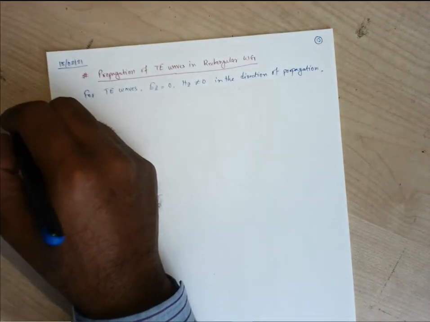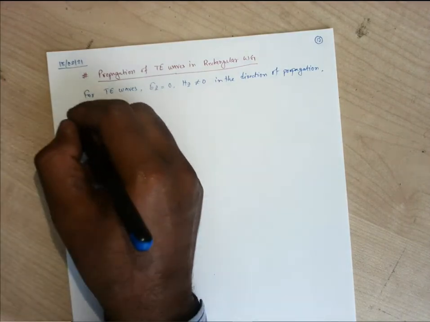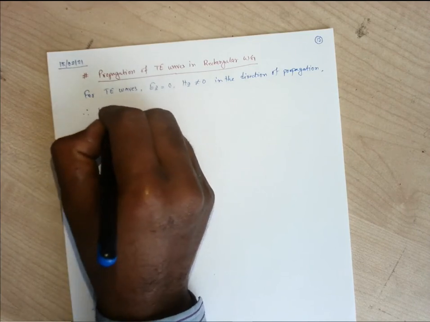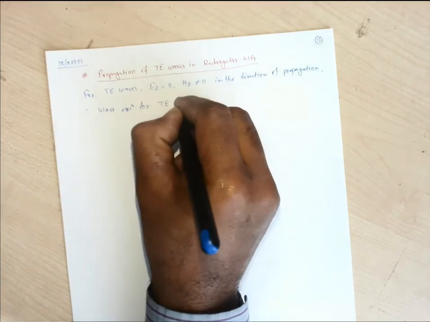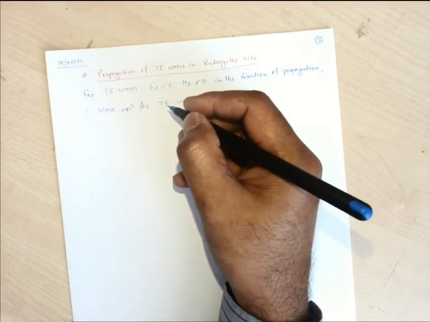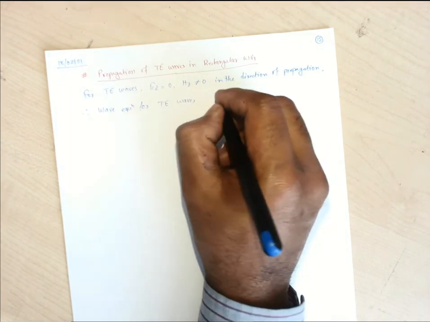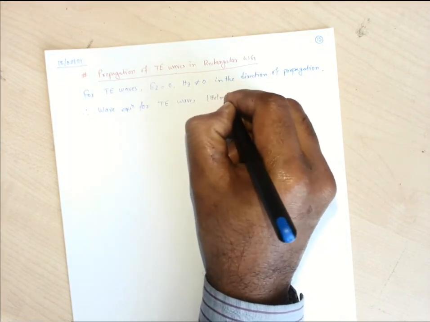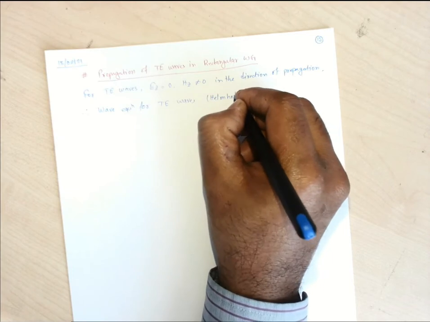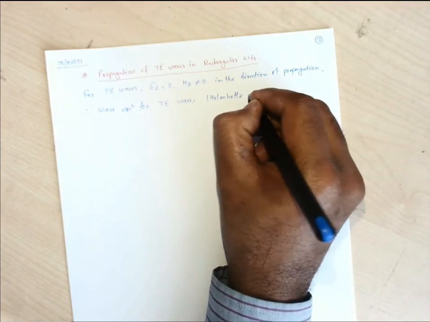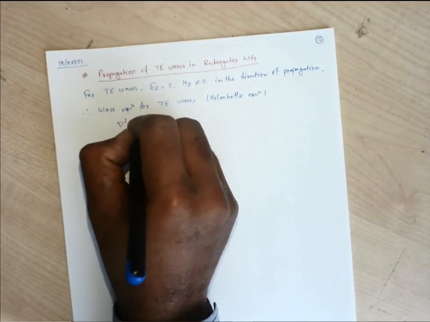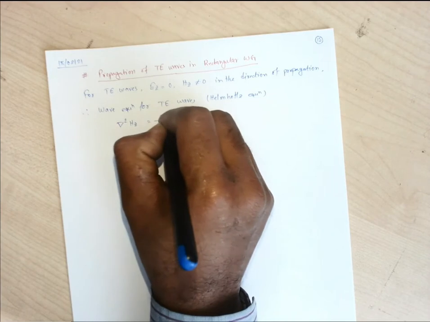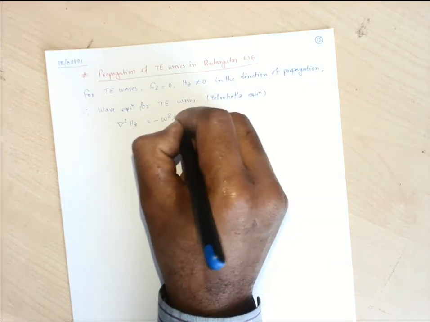Okay, so with respect to these TE waves, we know the wave equation for TE waves. This wave equation is also known as the Helmholtz equation. That is del square Hz is equal to minus omega square mu epsilon Hz.